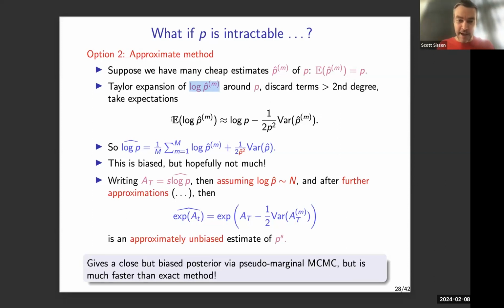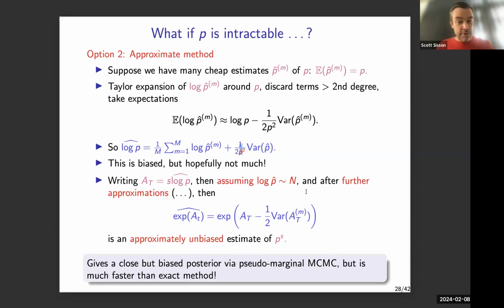And then we have this kind of approximation here. Turning it around so it's a function of log p, which is the thing we're interested in, we can then come up with an estimator of log p, this one here in blue, which is biased. It's biased because I've chopped off terms greater than second degree, and also because this term down here in red used to be a p, but I've had to put a p hat in there. So it's biased, but the great hope is that it's not very biased.